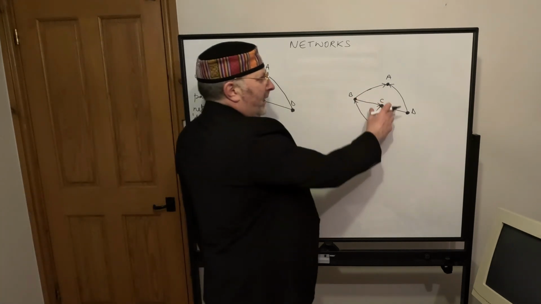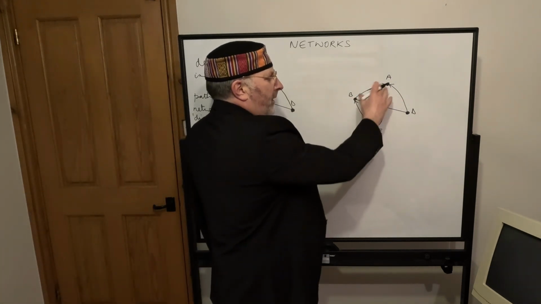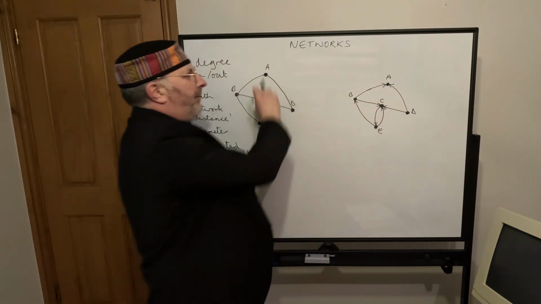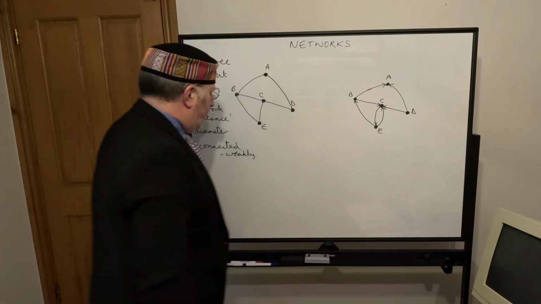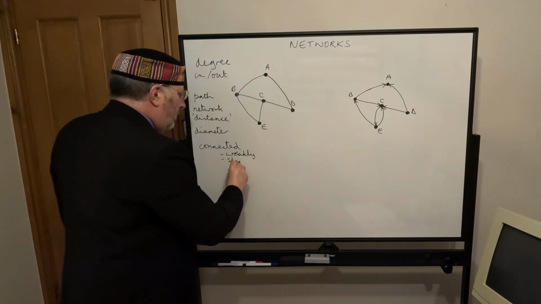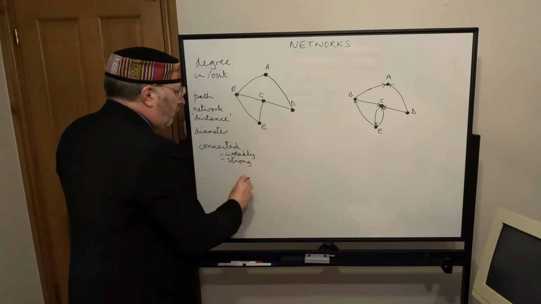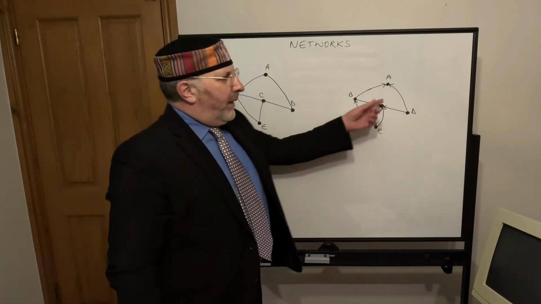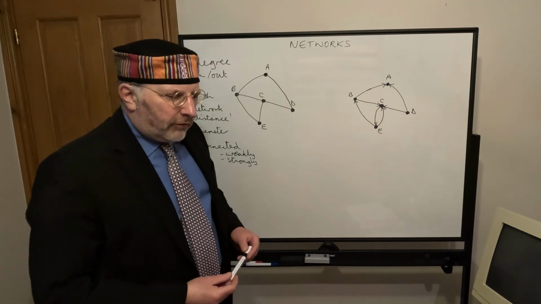So this one is weakly connected. If we replace the arrows with just plain old links, then this would of course be connected. And strongly connected is if it's connected when you take into account the directions of the links.